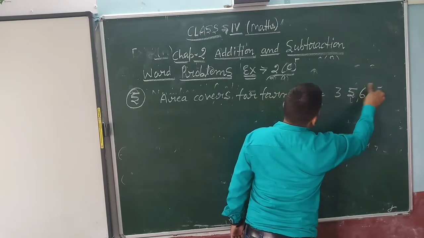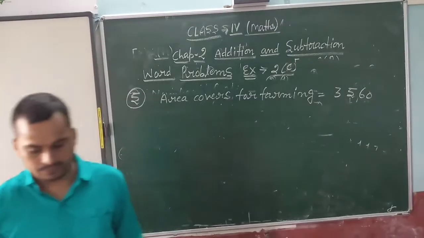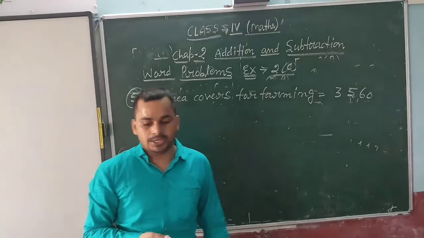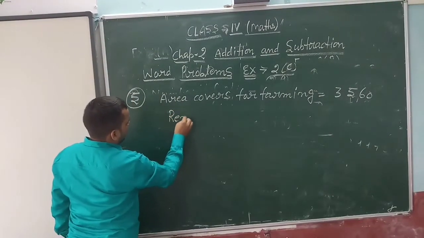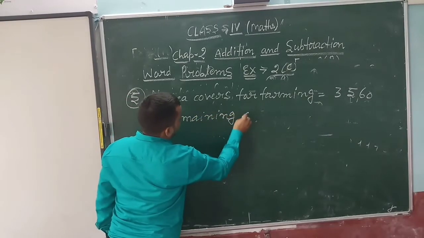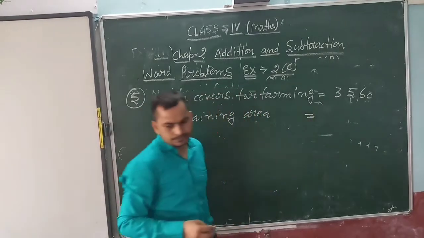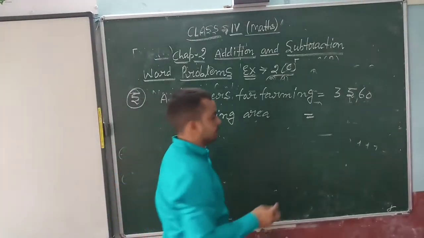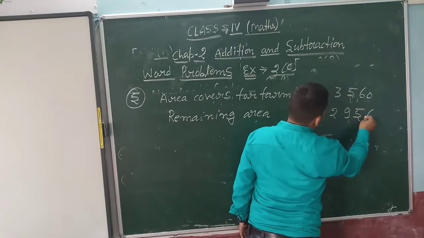That is the area covered for farming. And the remaining area equals 2,956.